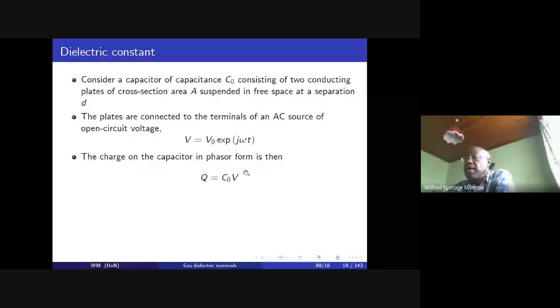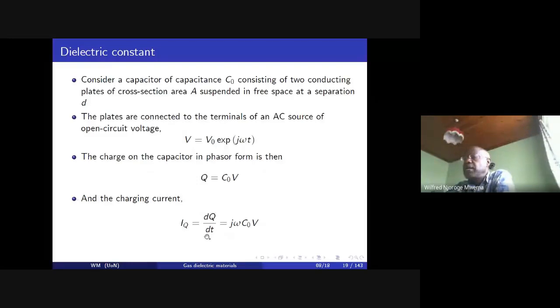And the charging current will therefore be given as the time rate of change of that charge on the capacitor, and we see that is just j omega C naught multiplied by V. And therefore, we see that the charging current I_Q will lead the voltage by pi over 2, or 90 degrees.